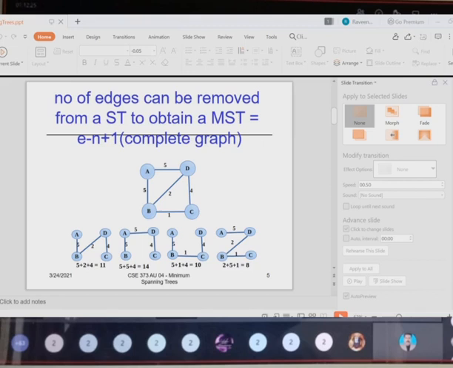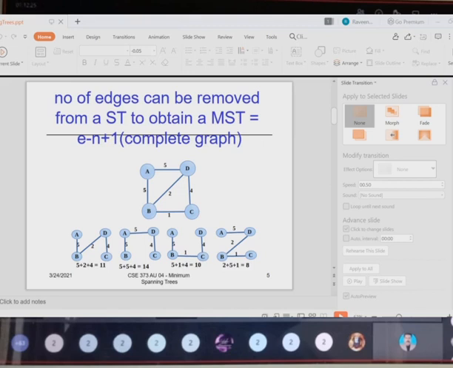Yes, we'll see the example of the algorithm. So the first step, if a graph is given, is to discard all the parallel edges and also the loops.